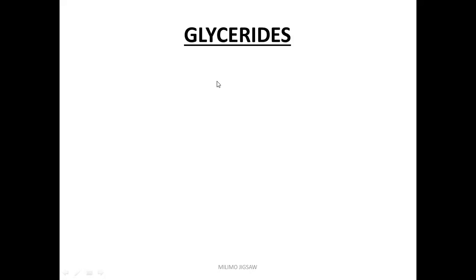So these compounds are an economical form of reserve fuel storage. When these are metabolized, they yield more than twice as much energy per gram as do the carbohydrates. Remember when we talked about functions, we did explain that lipids will provide more energy than carbohydrates.